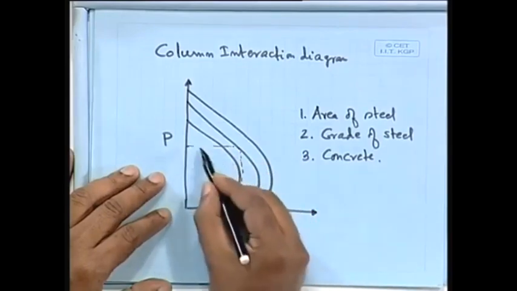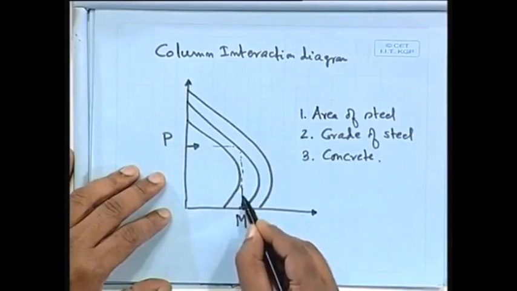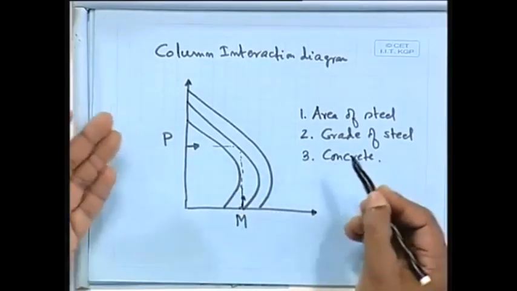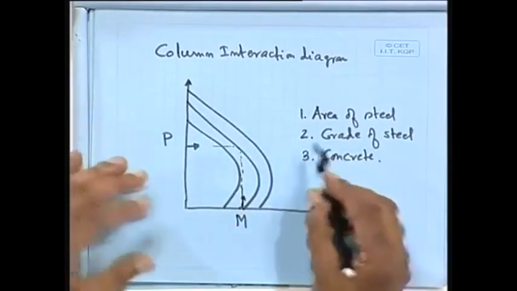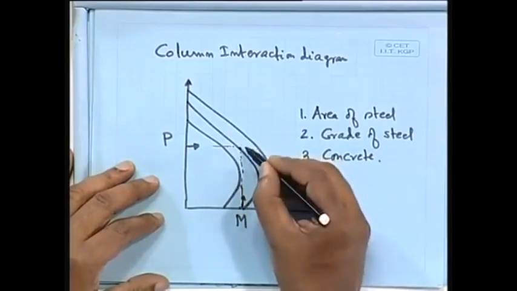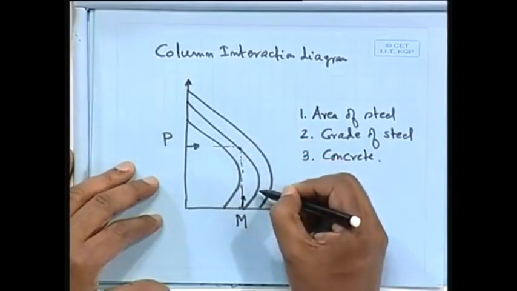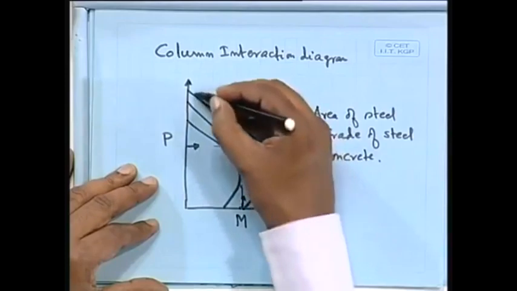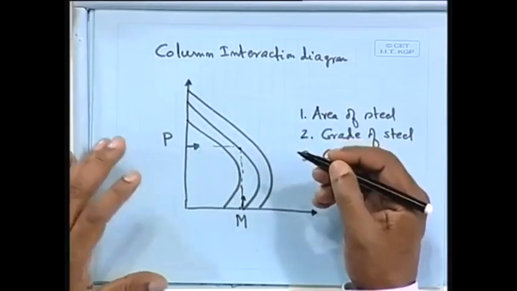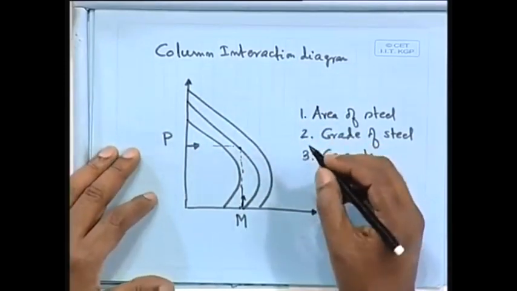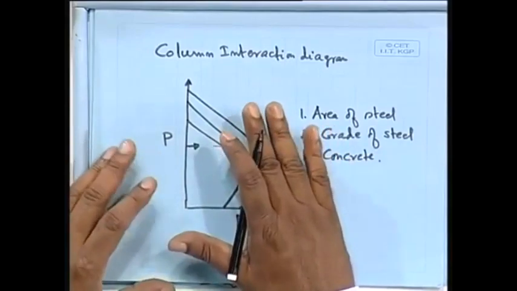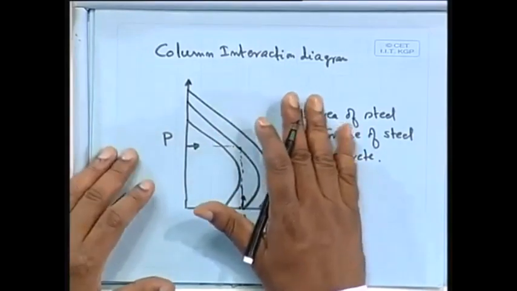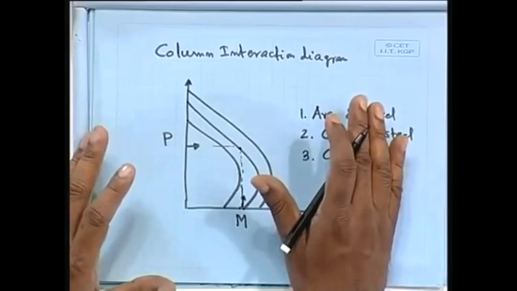Because that is given, for that we have to design. Wherever it is intersecting, that percentage of steel we have to take. This is how this interaction diagram is helpful. For that, SP 16, that special publication 16, gives the different charts.